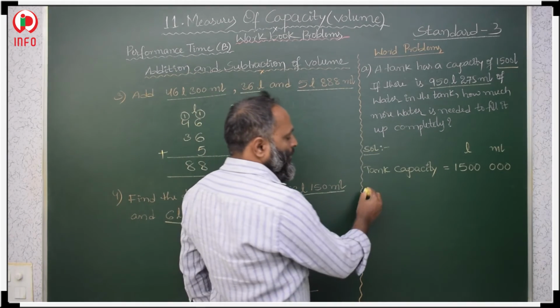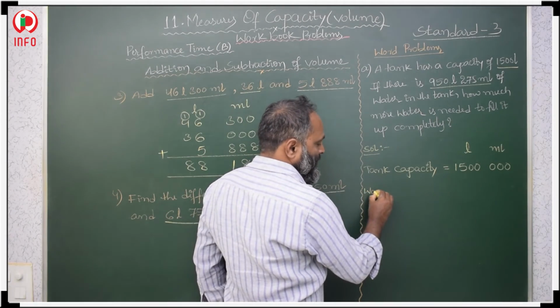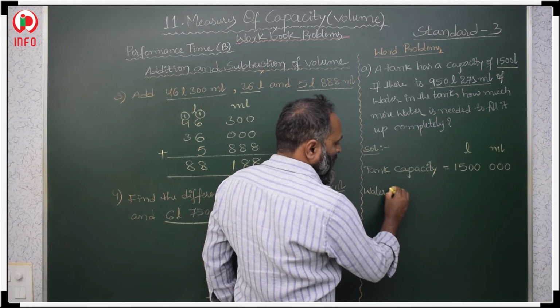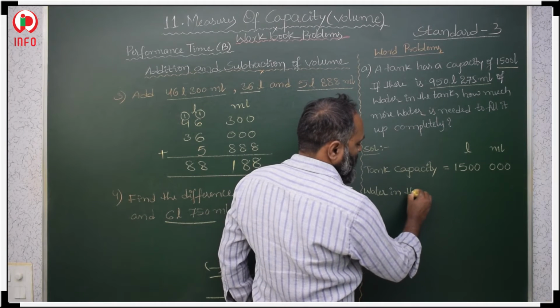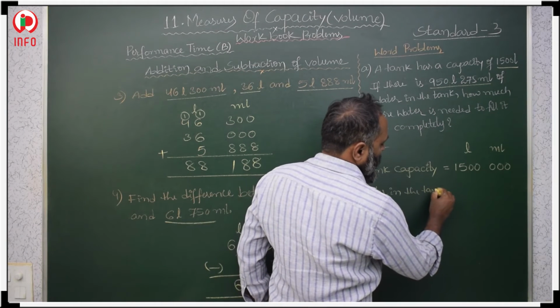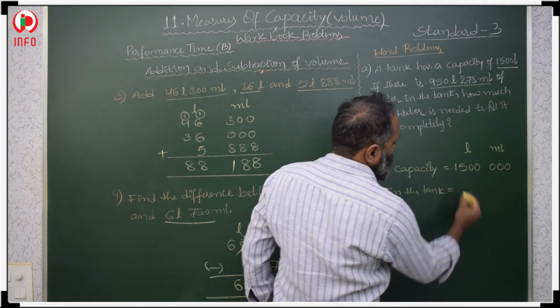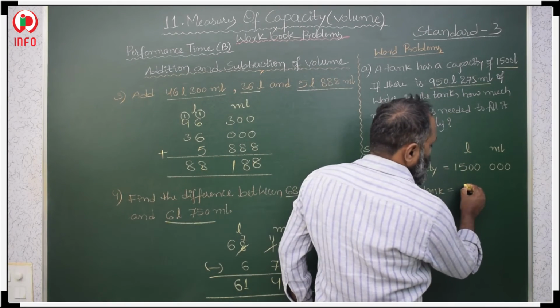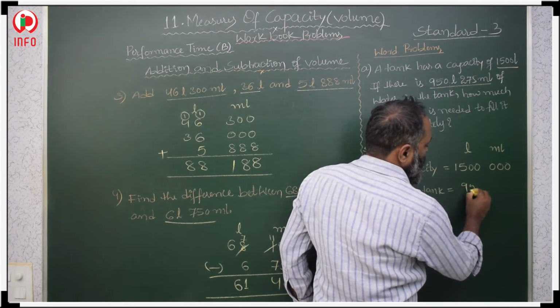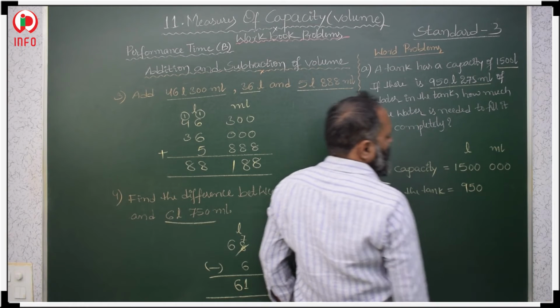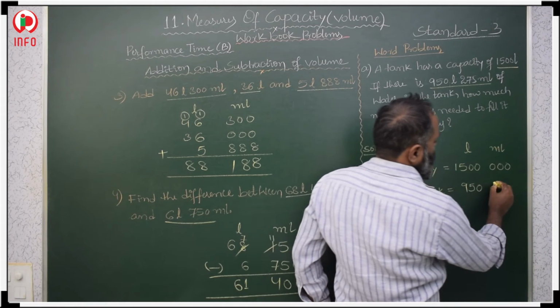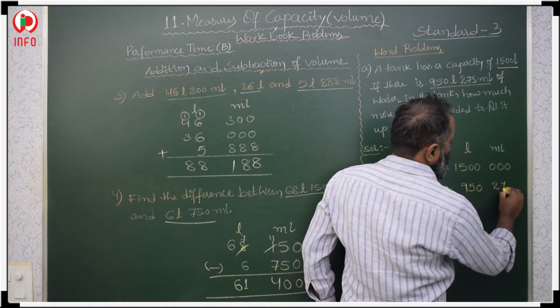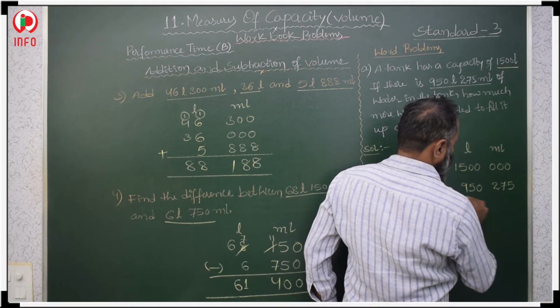Water in the tank. How much water is there in the tank? 950. So, 9 is in hundreds place, 5 is in tens place and 0. 950 liters, 275 milliliters.